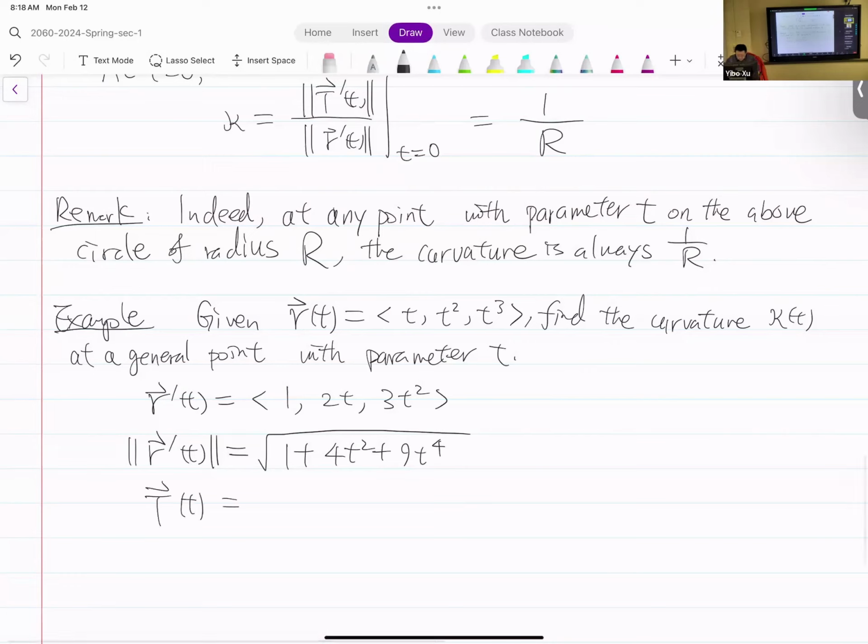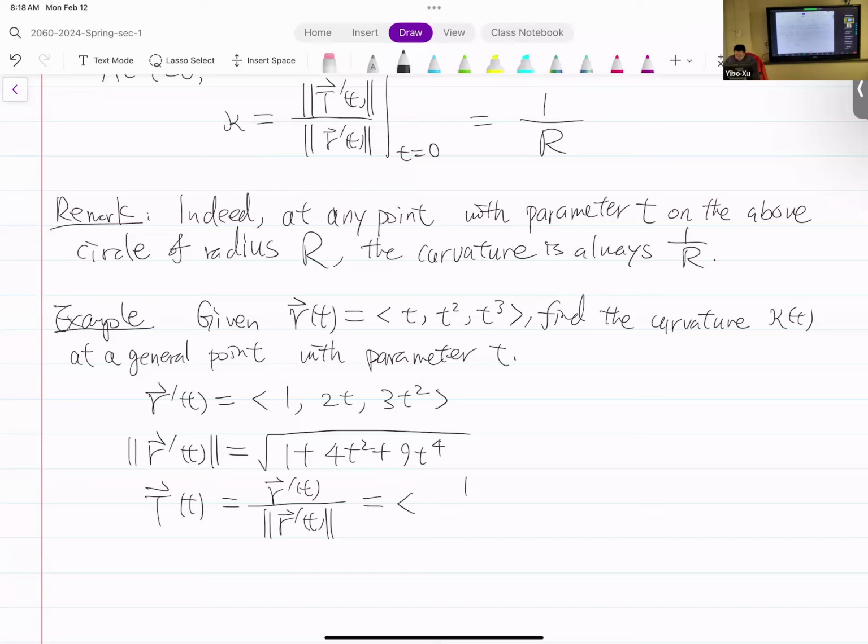So now the unit tangent direction becomes a little ugly because this is a division, and we're introducing a denominator at every component.